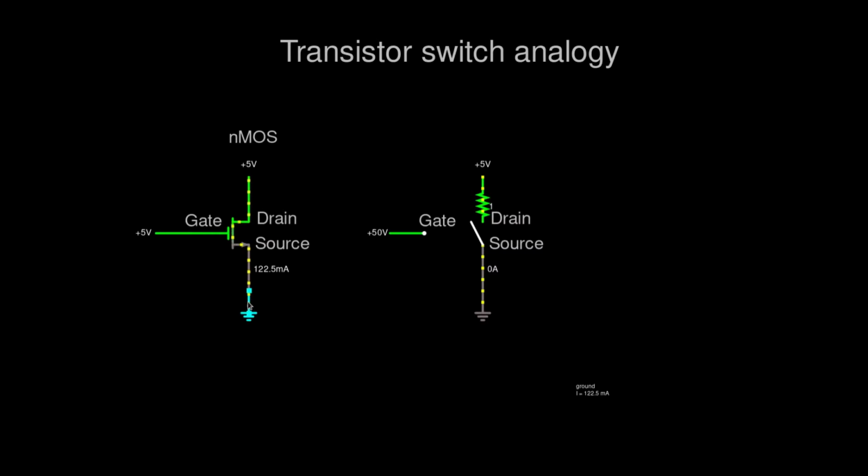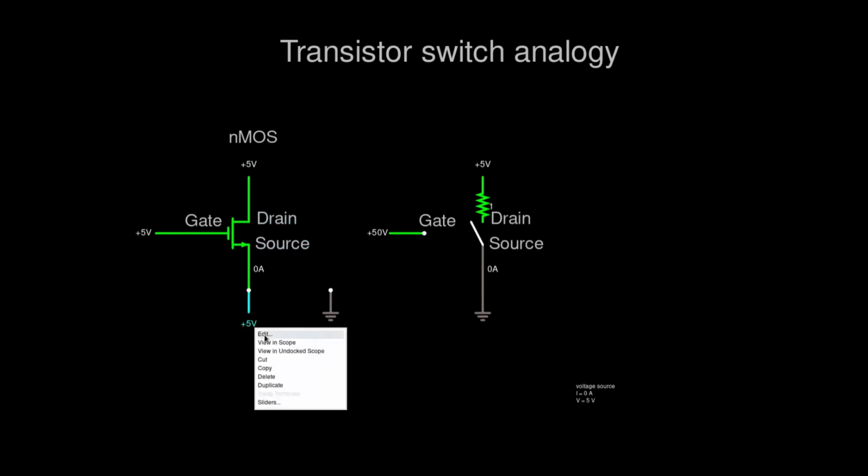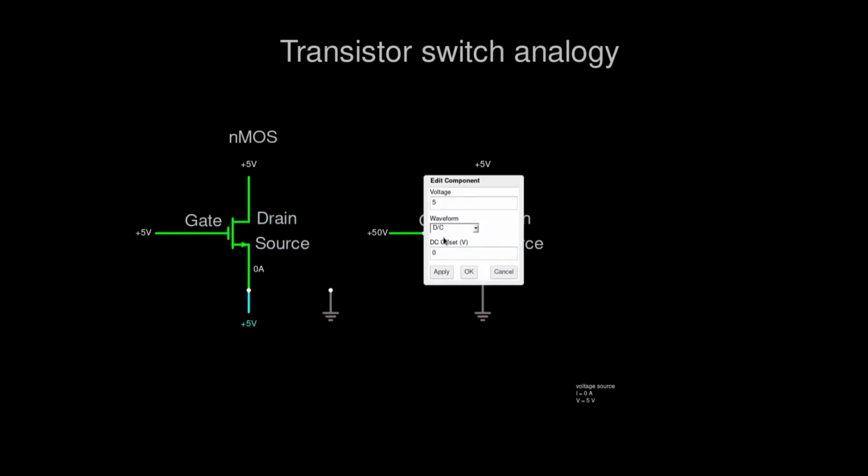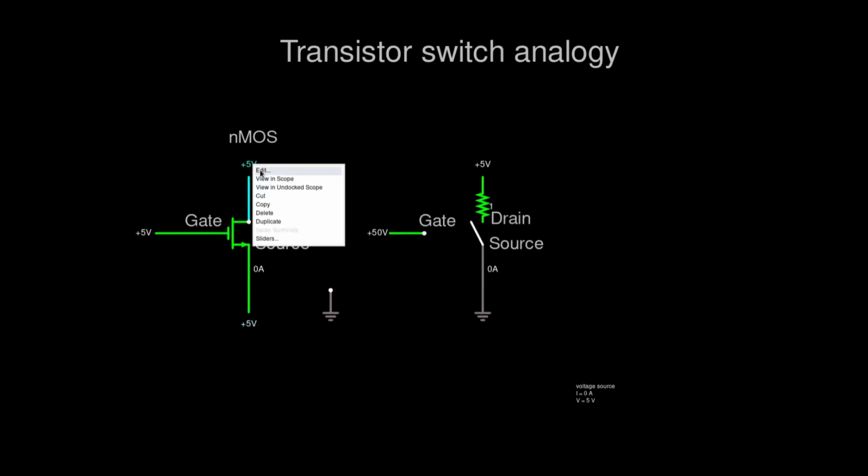Let's lose the ground and use another voltage source over here. So the current cannot flow from here to here because they have the same potential. But let's say that I change the potentials.